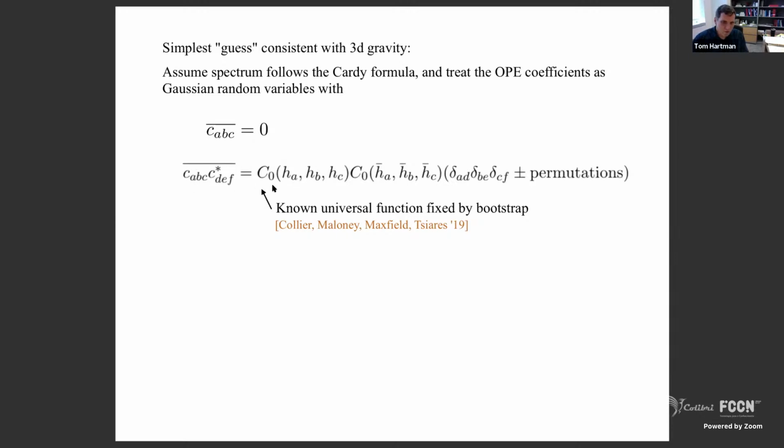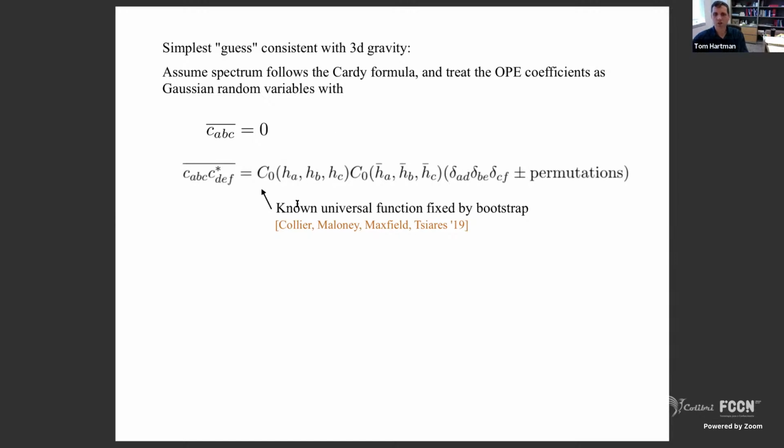So the variance is a function C0. C0 is a known function that's been explored earlier from the conformal bootstrap. Basically, once you declare that the OPE coefficients are Gaussian random variables, you can use the bootstrap to determine what has to go there in the variance by asking that it be consistent with crossing symmetry.